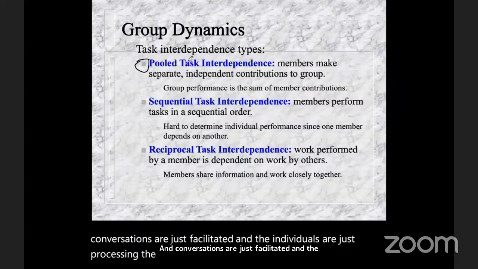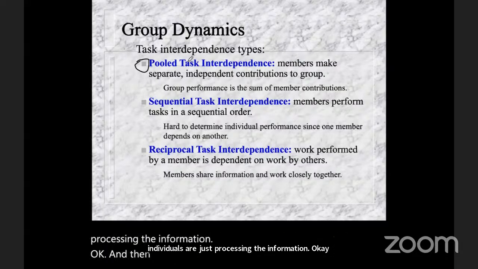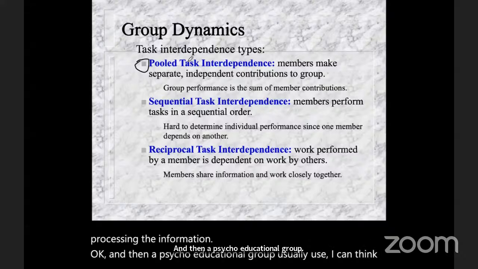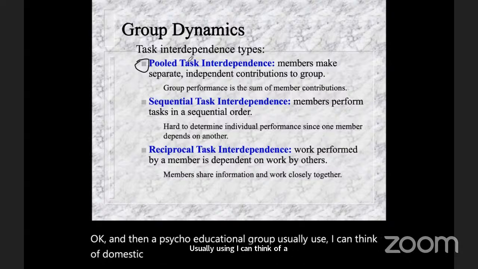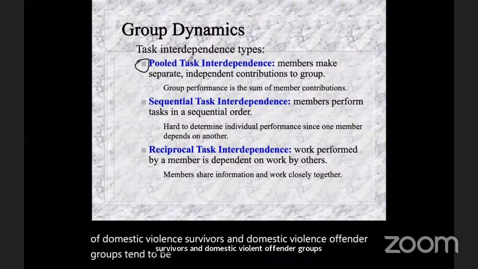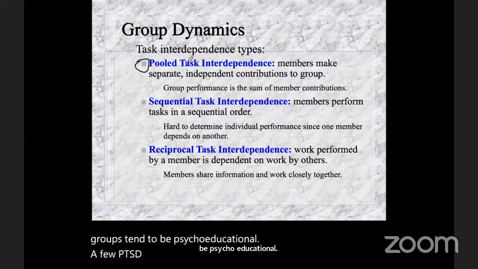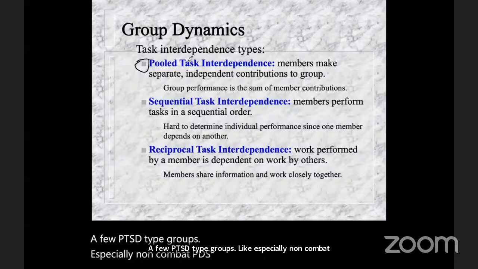And then a psychoeducational group is usually used, I can think of, with domestic violence survivors, and domestic violence offender groups tend to be psychoeducational. A few PTSD type groups, especially non-combat PTSD groups, tend to be on a psychoeducational level.